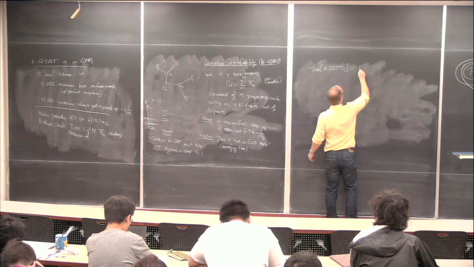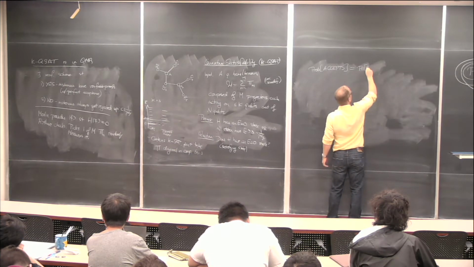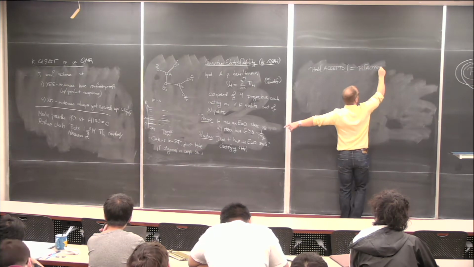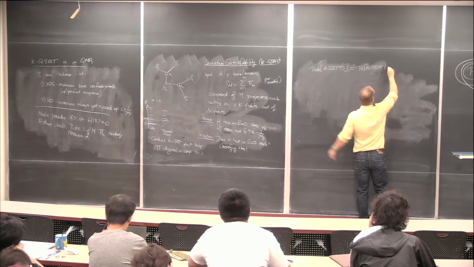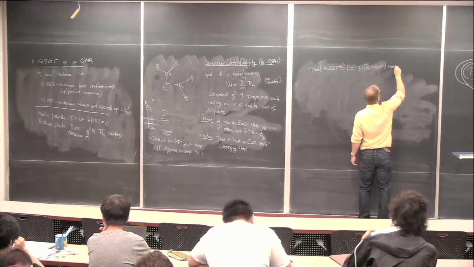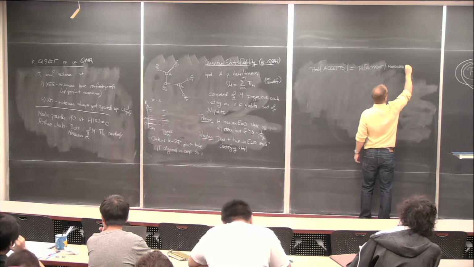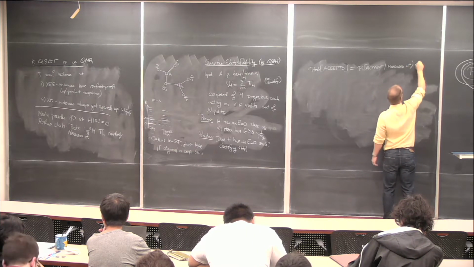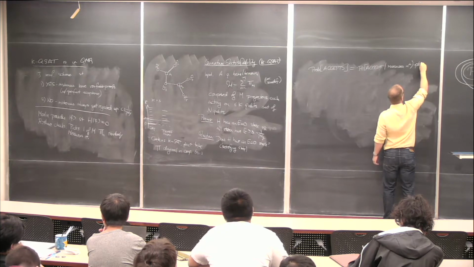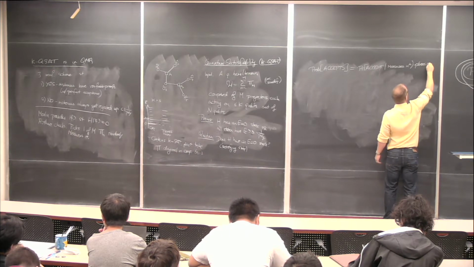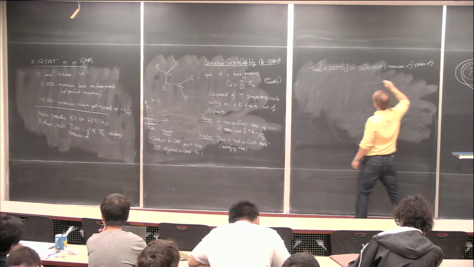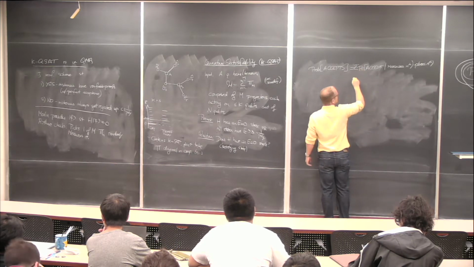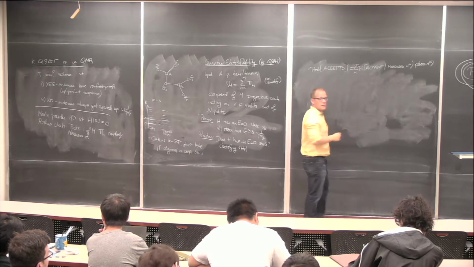Well, it's the probability that he accepts given that he measures the mth one, times the probability that he measures the mth one. And then sum over the choice of m.